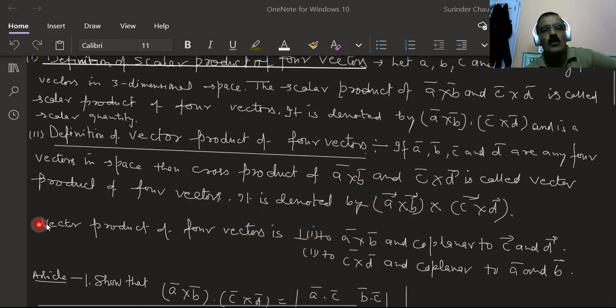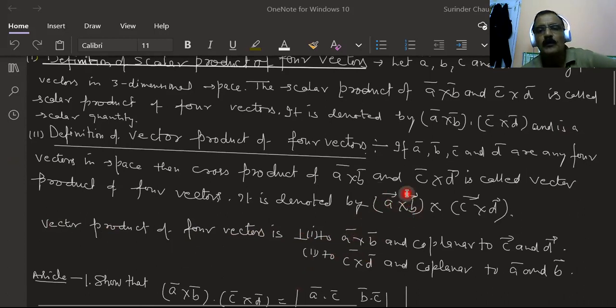Now, if you find the cross product of four vectors, suppose we first find the cross product of A and B, we will get a resultant vector.